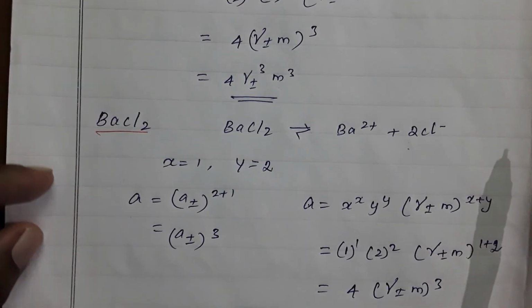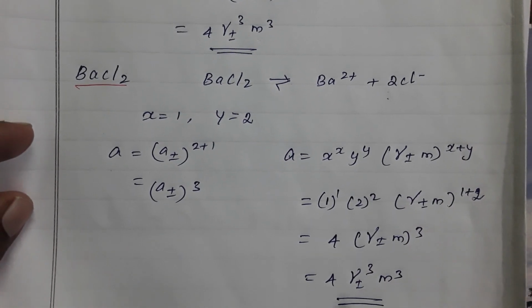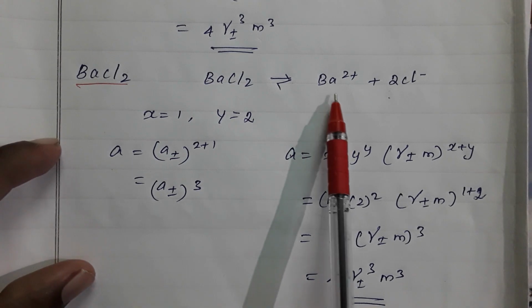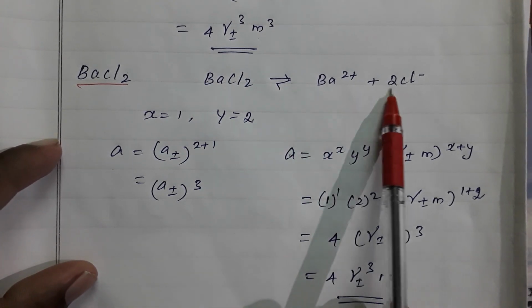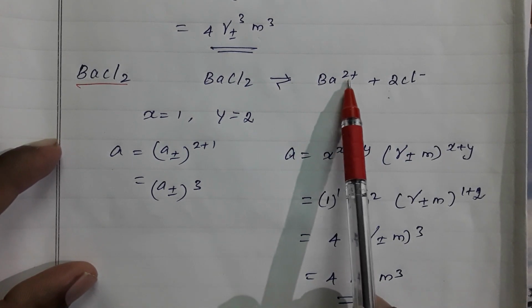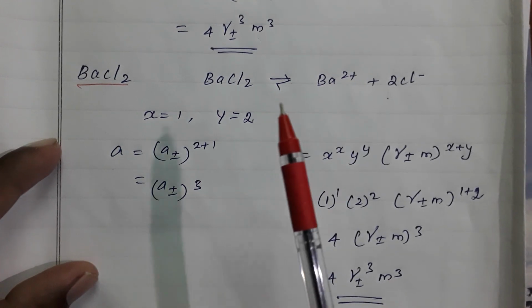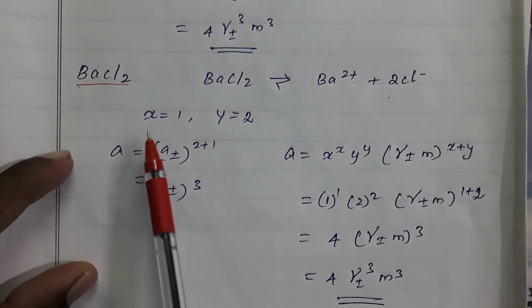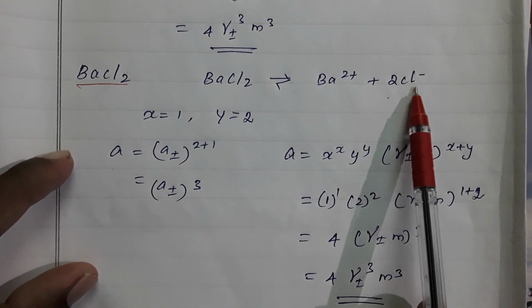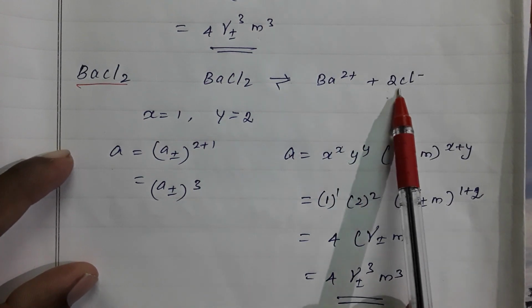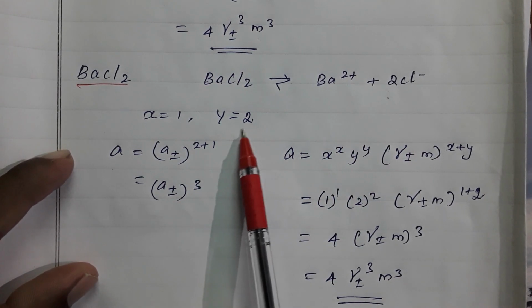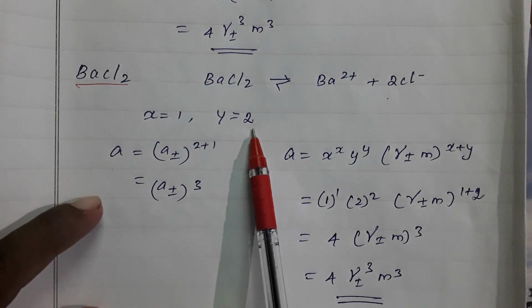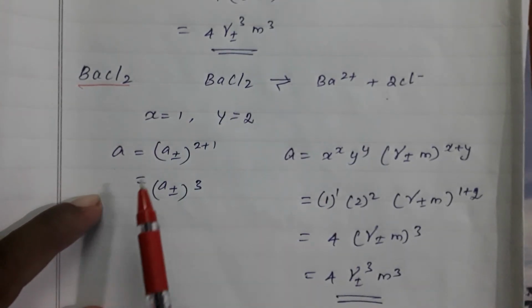And the last example is barium chloride. Barium chloride dissociates into Ba2 plus and 2Cl minus. Here the 2 plus charge is considered as 1, so x equal to 1. The negative charge is also considered as 1, but we have 2 moles, that is why we are taking 2.